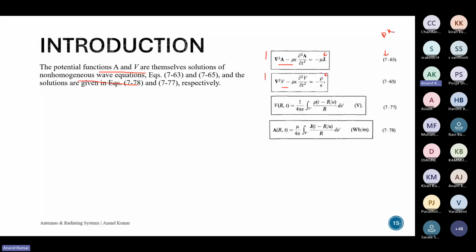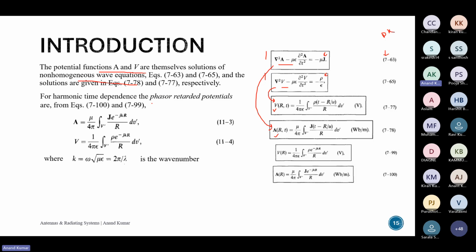If these were zero, it would be homogeneous. Both look very similar, and their solutions look like this, for V and for A.